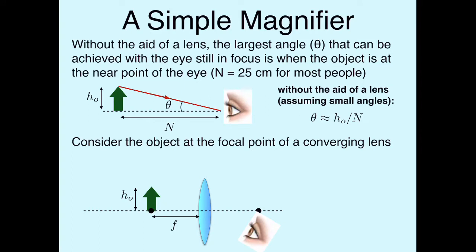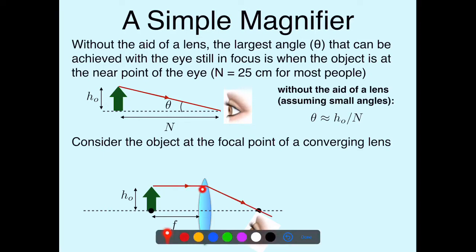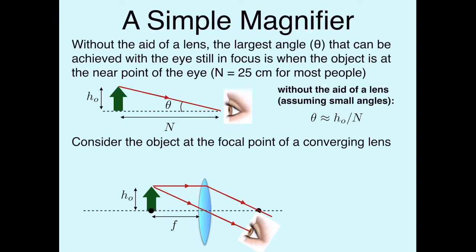Okay, and with that said, let's get a sense of how this lens is forming an image by drawing a ray diagram. One principal ray goes parallel to the optical axis and then out through the focal point after going through the lens. Another ray we could draw goes straight through the center of the lens without being bent.